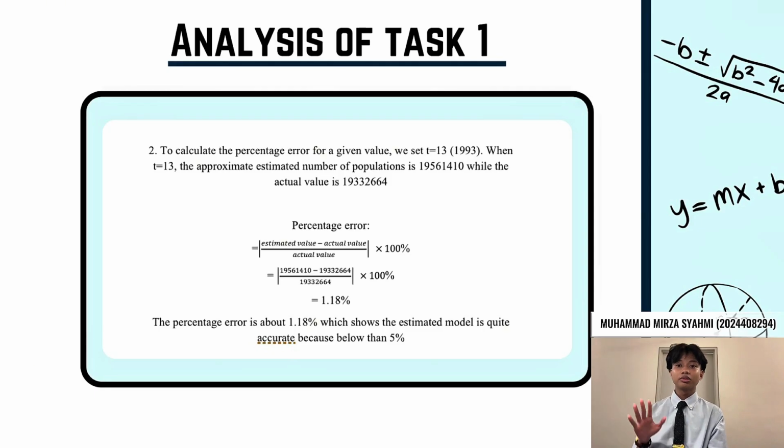Since this is below 5%, it shows that the estimated model is quite accurate. However, the difference between the calculated and actual value happens because of environmental factors like healthcare improvement, policy changes, and shifts in socio-economic condition. Our particular solution assumes a constant rate, so it doesn't fully take these changing factors into account.